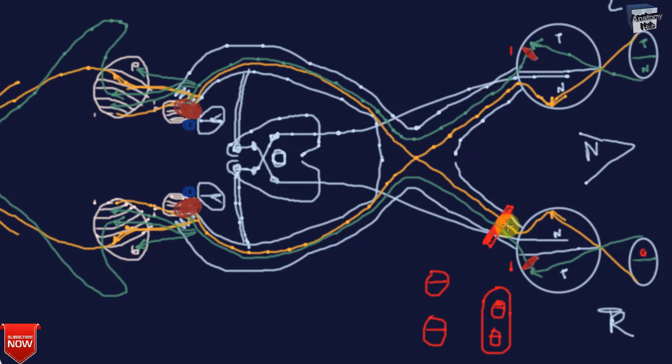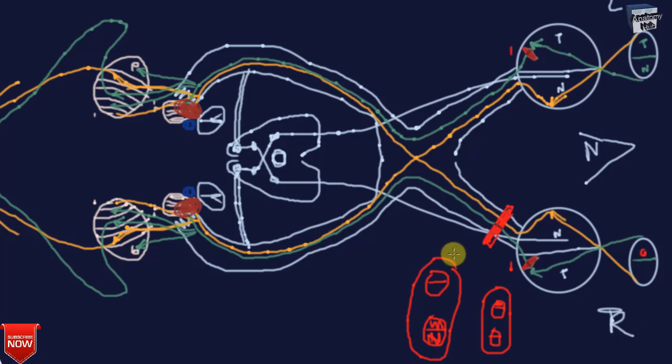Okay, now what will happen, it will affect the same side, right nasal area and the right temporal area. So right nasal area and right temporal area, that visual area will be lost.